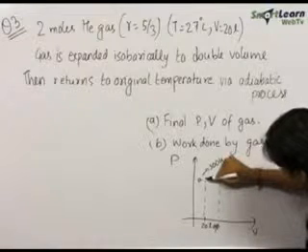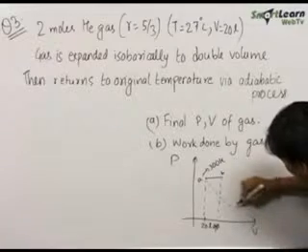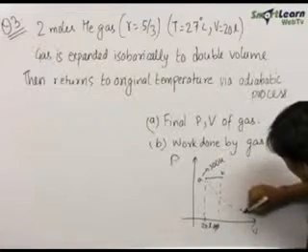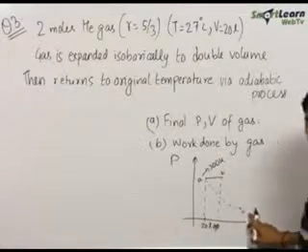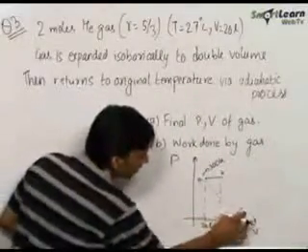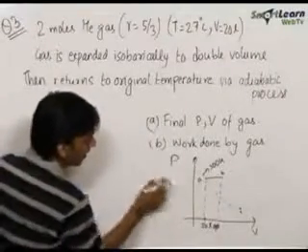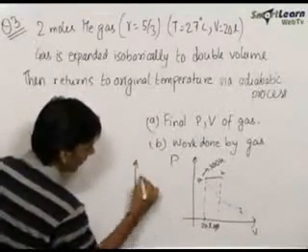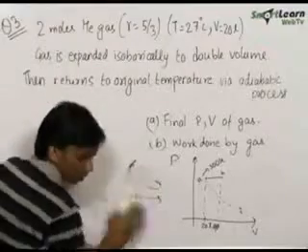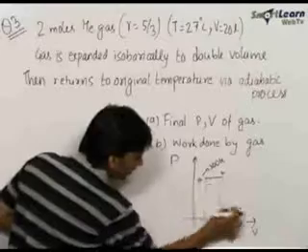Now since it is returning back to the original temperature, let us draw an isotherm over here. The point C to which the gas finally comes must lie on this isothermal curve of 300 Kelvin, because in a pressure volume graph the isotherms are all like this. So here we have an isotherm.